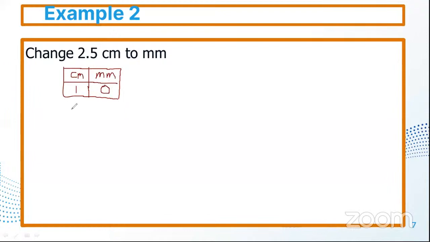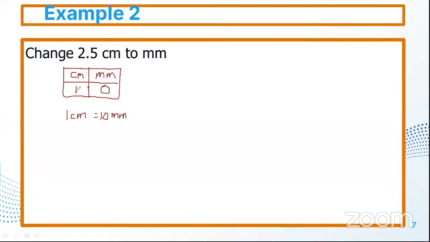So that means that 1 centimeter is equal to 10 millimeters. From our table here, from centimeter to reach millimeters, you only fill with 1 zero.